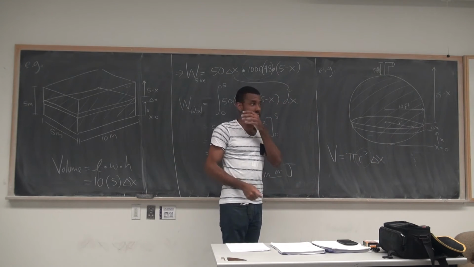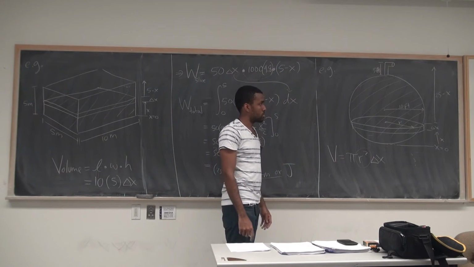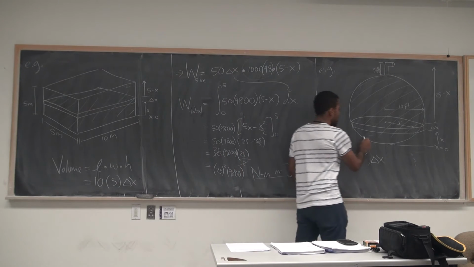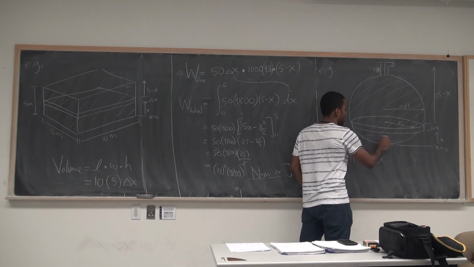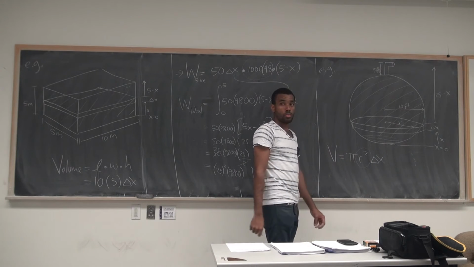Can't use similar triangles again. There's no triangle. The radius isn't constant, the slice is down here, the radius is smaller. We make triangles.